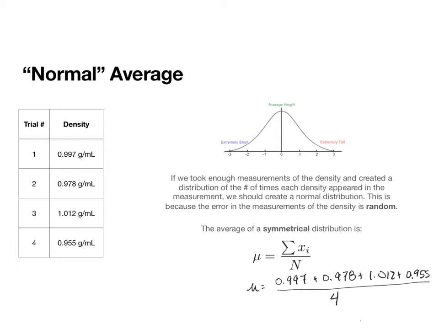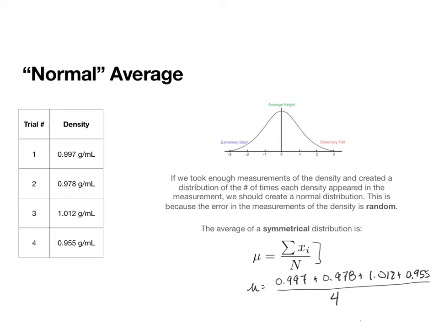So we can write this out in a compact form as the average is the sum of the individual measurements divided by the total number of measurements.